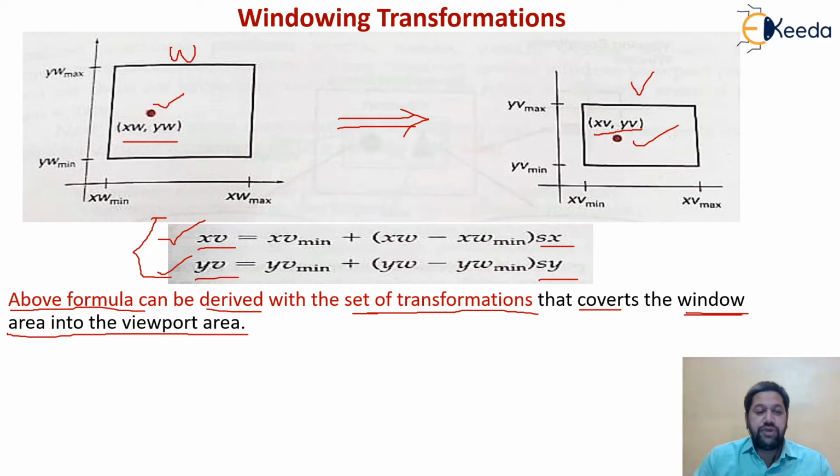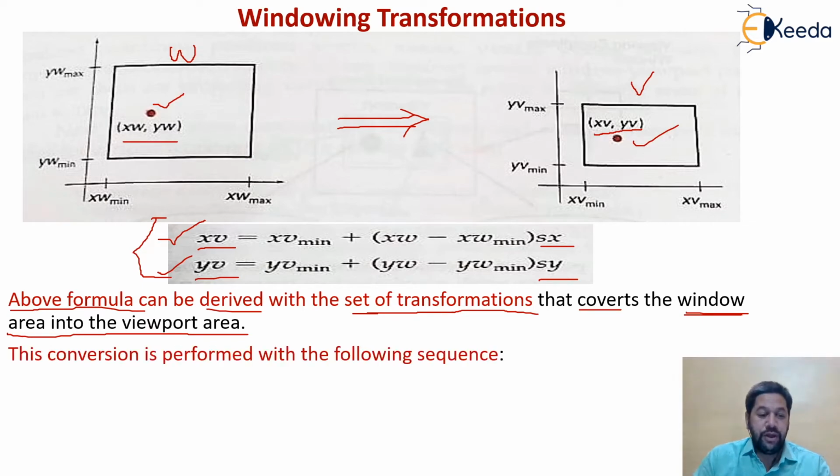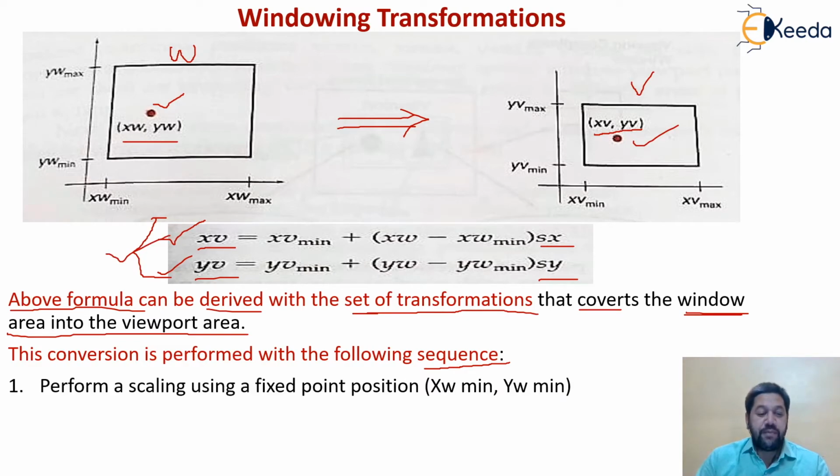To achieve this, I have the following sequence of operations. We can combine this sequence into a composite transformation, and this gives my formula. What is step number one? Perform a scaling using a fixed point position.